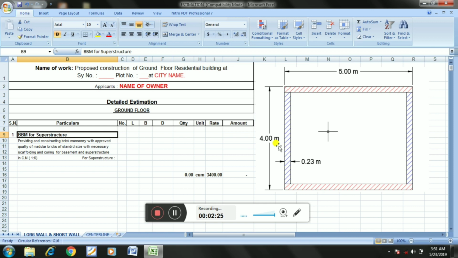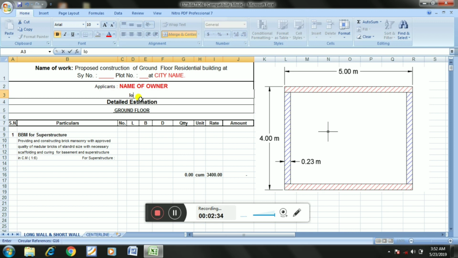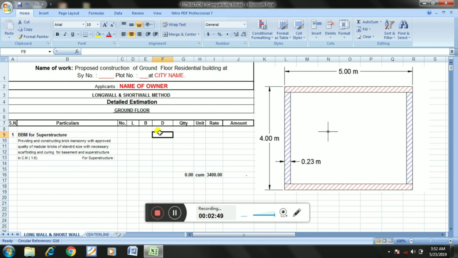First method is the long wall and short wall method. In this, I'll first tell you how to work out or take the quantity.